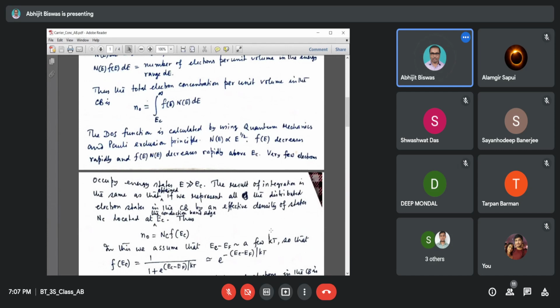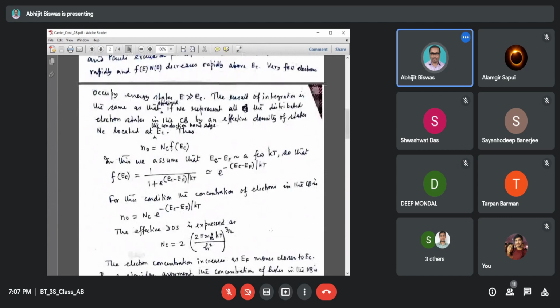EC. Now, for the purpose of simplification, we assume that all the distributed electron states in the conduction band are located at the conduction band edge, and we replace them by an effective density of states function, NC, and the result of the integration will not differ much.